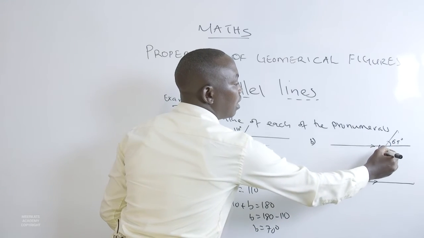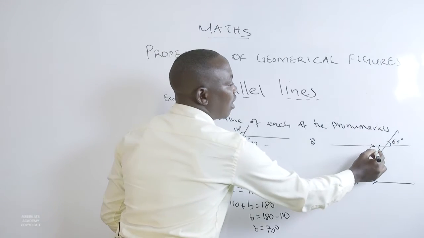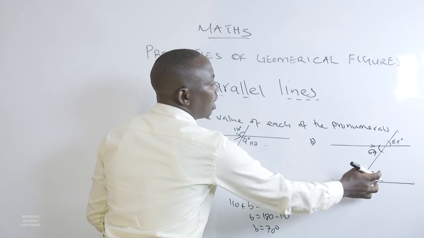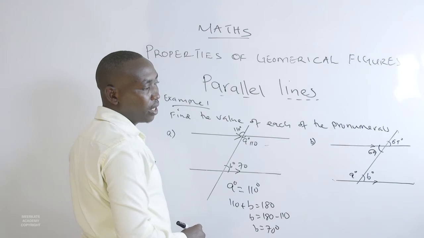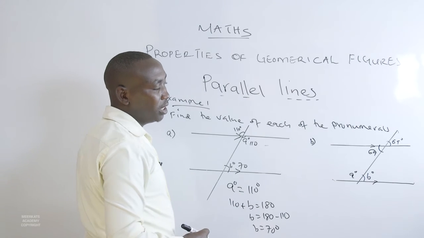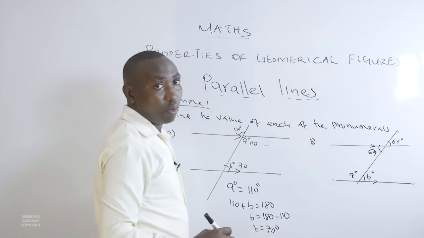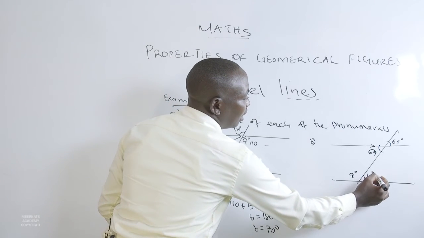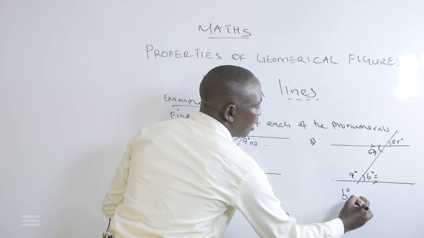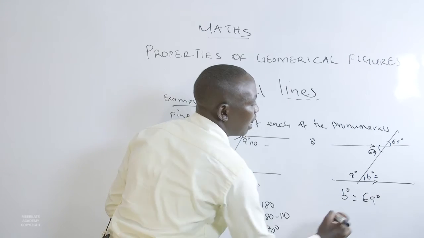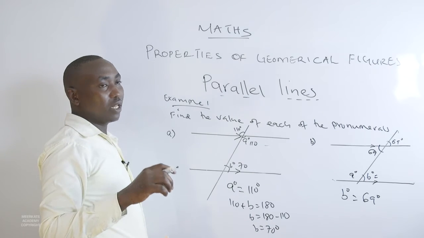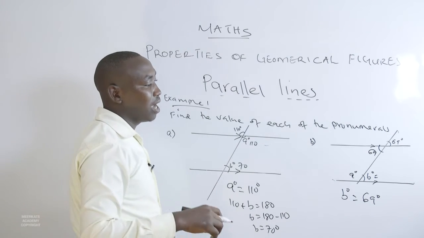For part B, these are alternate angles, therefore this is going to be 69 degrees. This angle and this angle are alternate angles, and therefore if this is 69 degrees, B is going to be 69 degrees. The reason given there is that they are alternate angles.